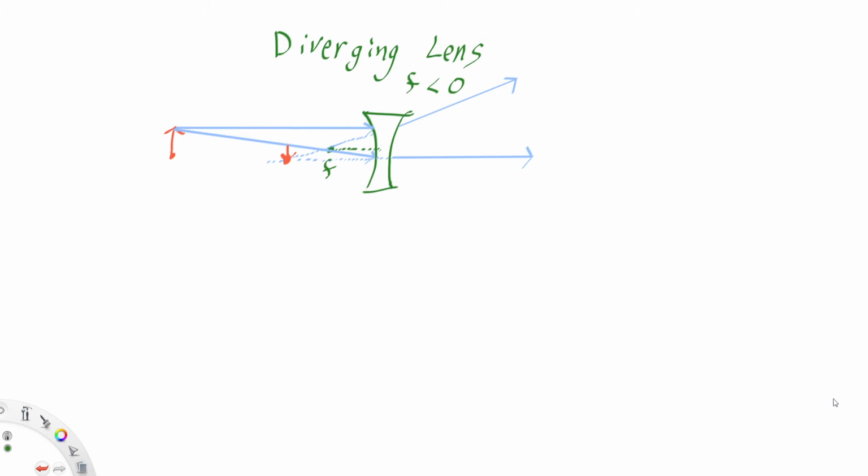What you see on the right-hand side of the diverging lens appears to be an object that is here. So this is where the object you're looking at appears to be. We call it a virtual image.